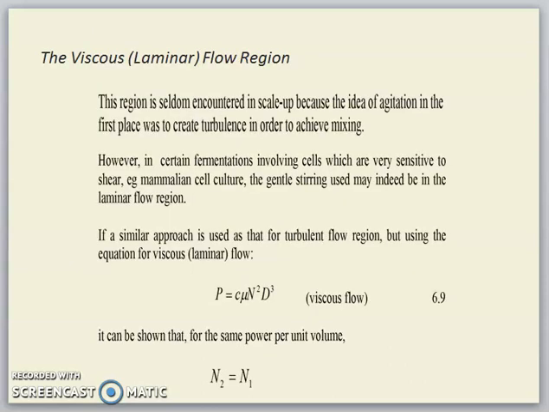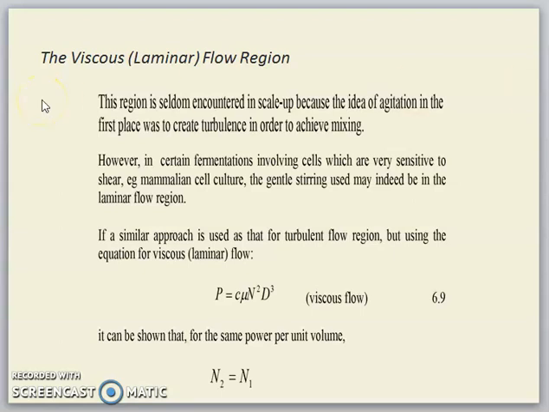For the viscous or laminar flow region, this region is seldom encountered in scale up because the idea of agitation in the first place was to create turbulence in order to achieve mixing, meaning that we need to have uniform mixing. So therefore, we have to achieve turbulence. However, in certain fermentations involving cells which are very sensitive, they might need this type of flow region, a very smooth, slow stirring.